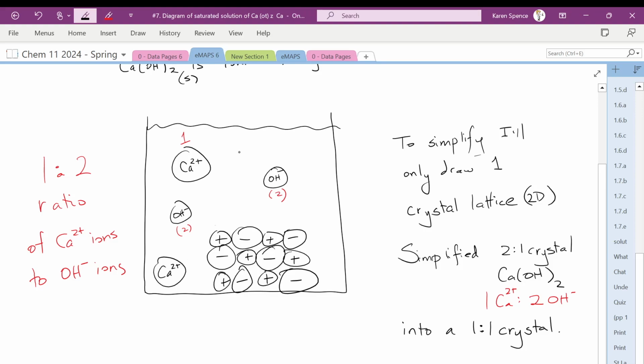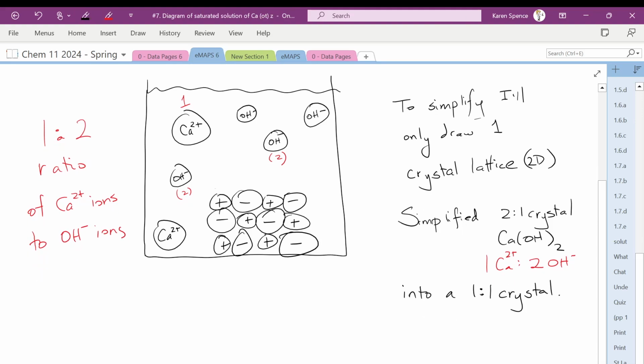And I don't have a lot of room, so I'm just going to say, okay, OH- and OH-. So I'm only going to draw like 2 dissociated calciums, okay? So this right here, and if I want to label it, that is CaOH2 solid.